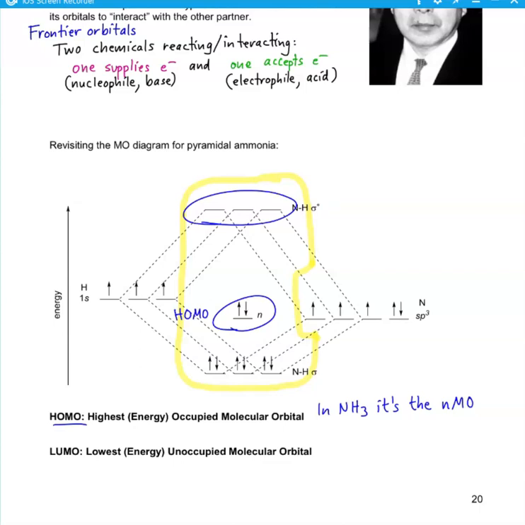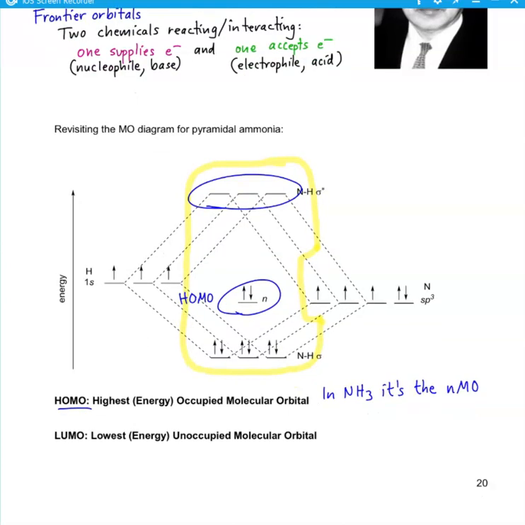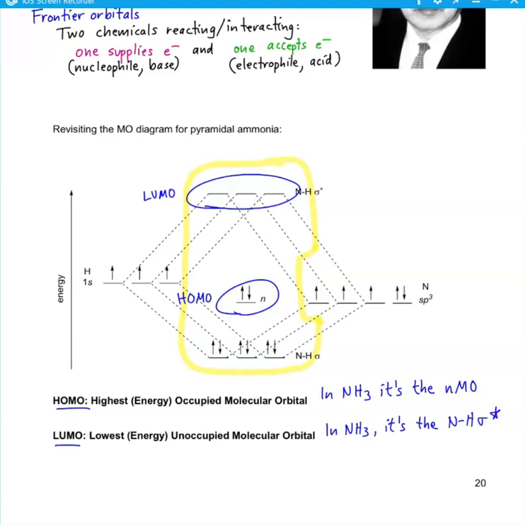Now that could be kind of confusing because those are the highest energy orbitals in the whole diagram. But in terms of the molecular orbitals, they're the lowest energy ones that you have that you can accept new electrons into. Such an orbital is called the LUMO, the lowest unoccupied molecular orbital. And so in NH3, the LUMO is any of the NH sigma star orbitals.